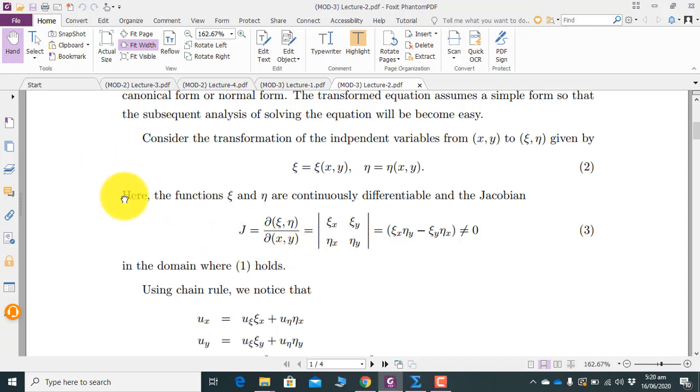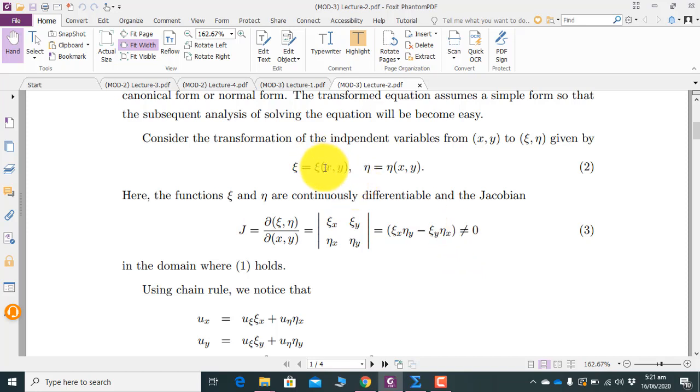But remember that you are having a transformation for xi and eta. The definition of Jacobian is given as this: J is the Jacobian, which is analytically given by the determinant of the matrix with entries partial xi over partial x, partial xi over partial y, partial eta over partial x, and partial eta over partial y. So this determinant quantity is known as Jacobian, and this should not be equal to 0 at any point in the domain. What is your domain?